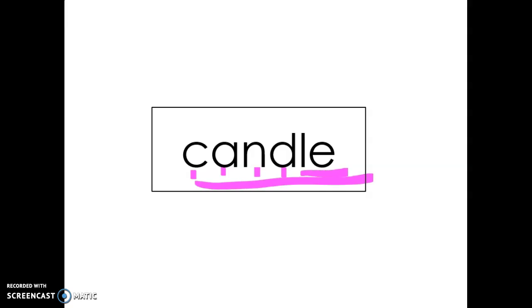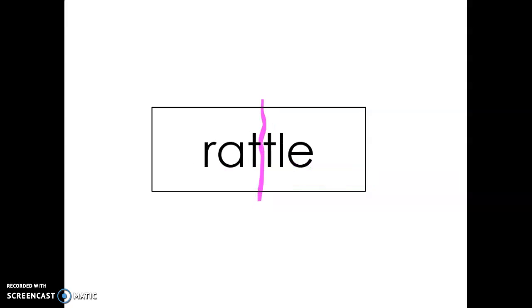The word is candle. We have candle. We split in between the two consonants, N and D, and then LE says ol. So we have candle. What's the word? Same thing here. Split in between the consonants. We have rat, and then we have tol. The whole word is rattle.